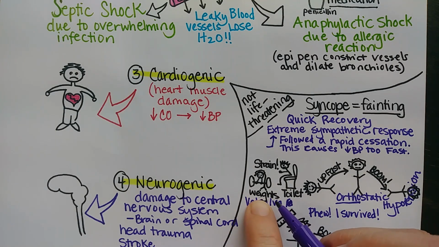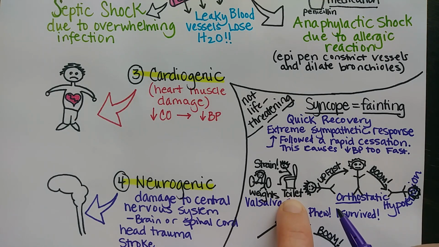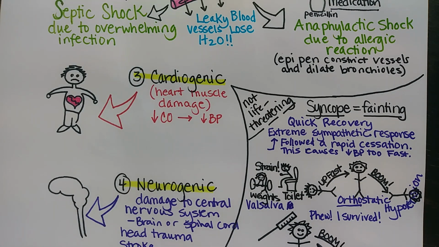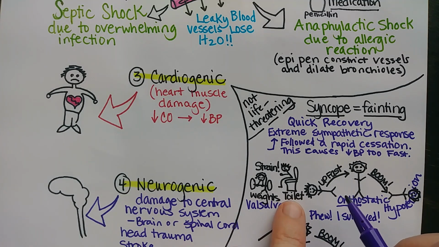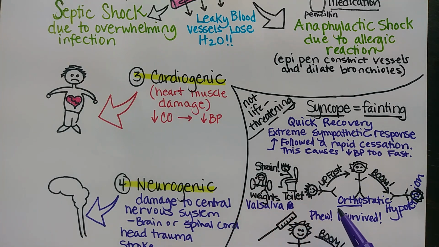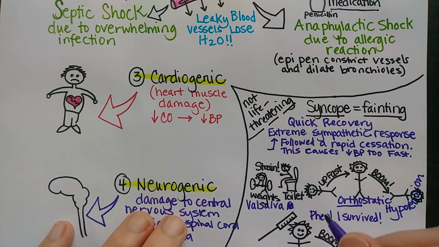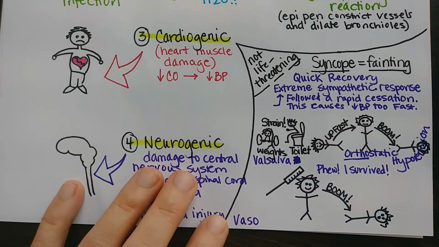So you'll see that happen sometimes when someone's really bearing down to lift weights, and again in elderly people when they are bearing down for a bowel movement on the toilet. And that's one of the common reasons why in nursing homes they have the emergency cord right next to the toilet, because it is common that they will pass out in the bathroom. And then I didn't draw a lady having a baby on here, but sometimes during labor, this can happen too with women. So it's called the vasovagal reflex.